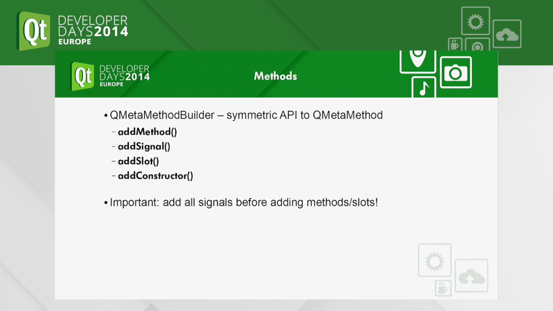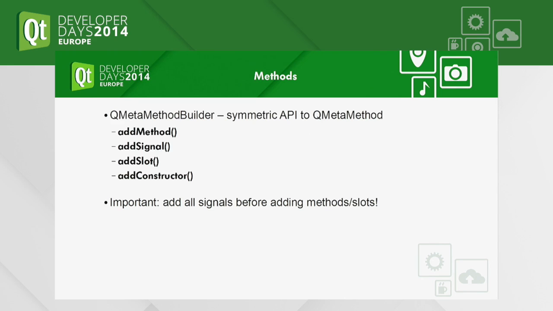While at the same time, if you look at methods in general, you will see all of them. So you look in a tool like GammaRay, you see all your signals are there, and then connect tells you, I can't find the signal. So it's a lot of fun to debug this. Try to avoid that. Make sure you call add signal first, and after that, you can add all the others.